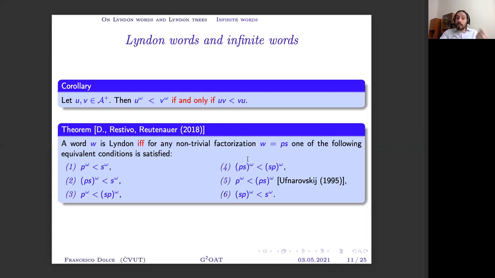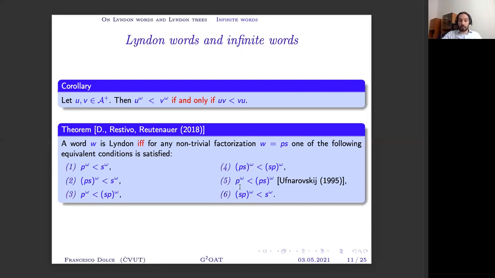And now we can characterize a Lyndon word also using the other five characterizations that we saw before. So w is Lyndon if and only if for any factorization ps, the prefix, when I consider the infinite power, is strictly smaller than the suffix infinite power, or all the others that you like, that when I consider the word itself, this is strictly smaller than the infinite word of only the suffix.